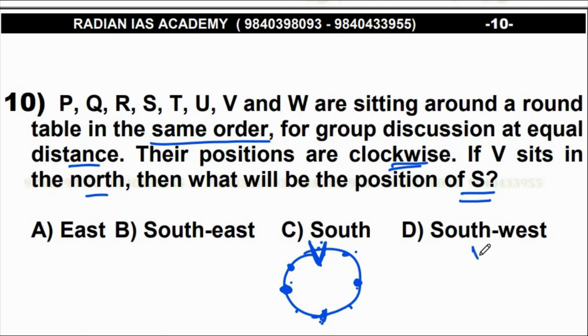So V here. So W here. So this way, they are sitting in this order around here in the same order. So P, Q, R, S, T, U, V. Therefore, S. This is north.